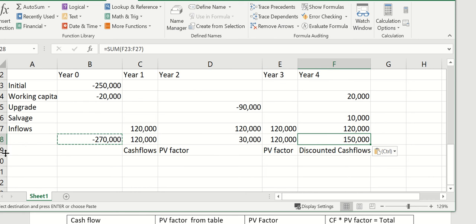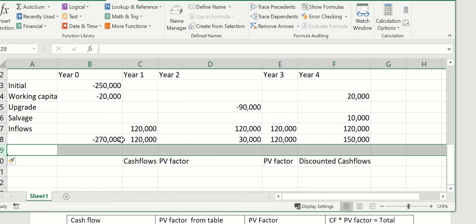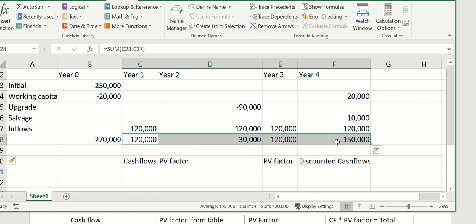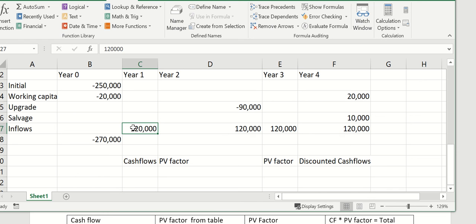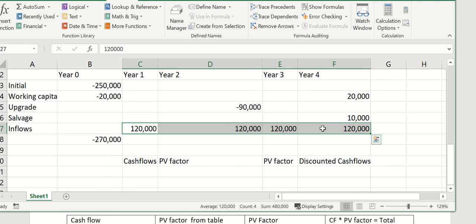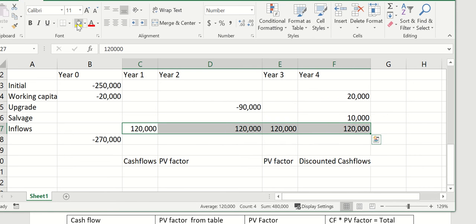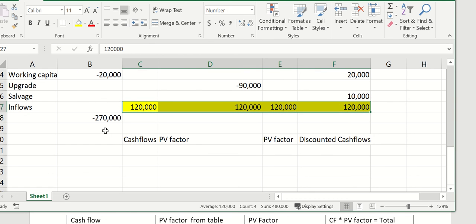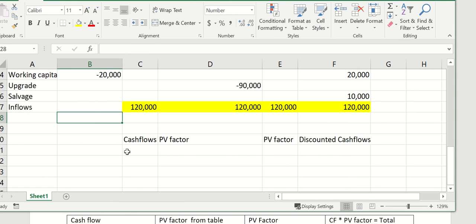That's also fine, but remember, when you're using an annuity, this might not be your best way to go because your annuity will be taken care of by using one PV factor. So these are all together here, so we're going to group those together and use one PV factor. Maybe we don't need that subtotal right now.